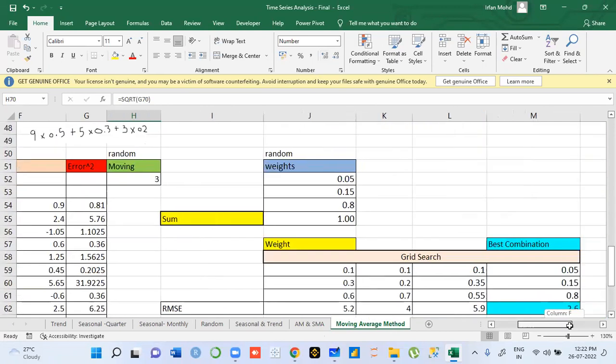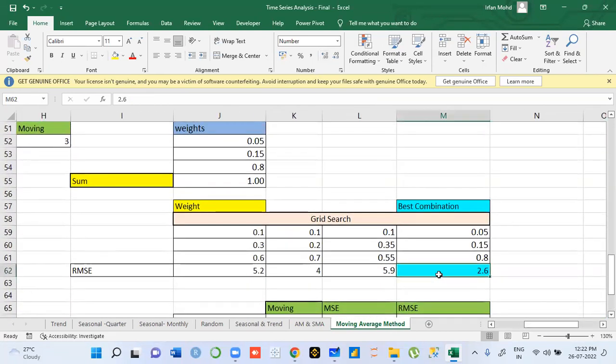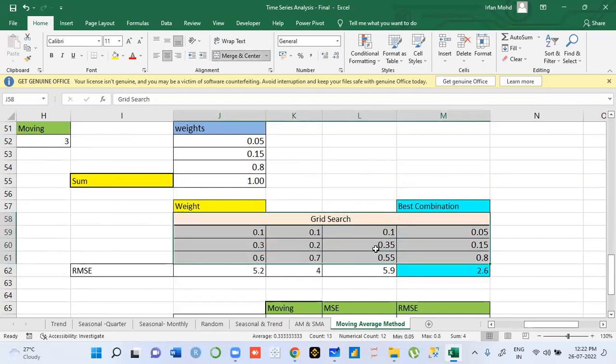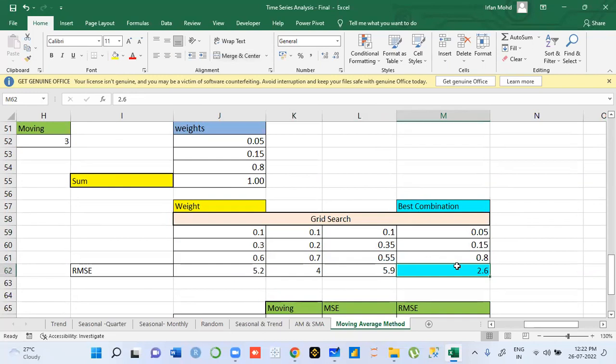I've written over here. Same way, guys, can we try multiple combination of weights? So how many combination? 4. Out of 4, which is at the lowest RMSE? 0.81. Got the point, guys? How we decide, how we do different combination and select the best weight. Weight clear हो गया? So weight 0.8, 0.15, 0.05 is the best for us.